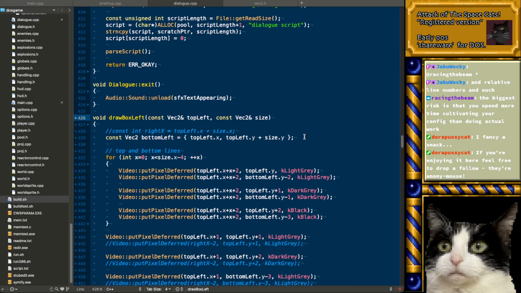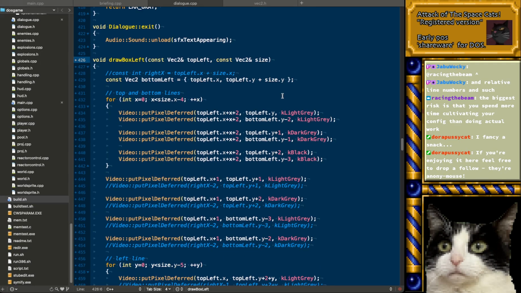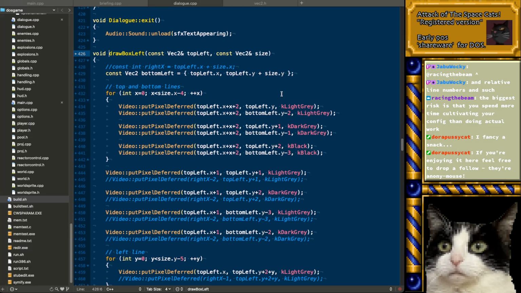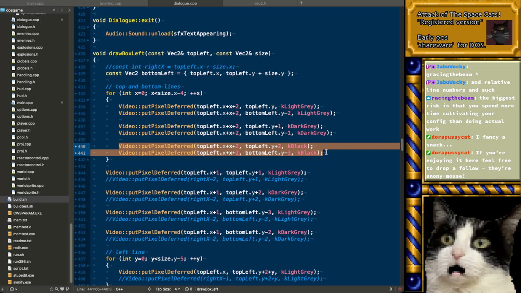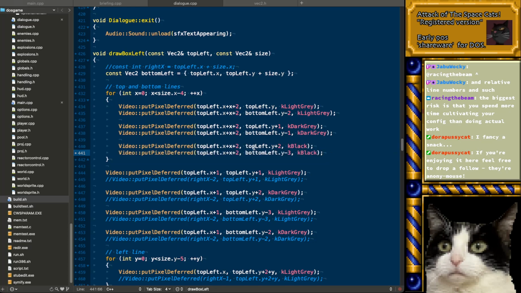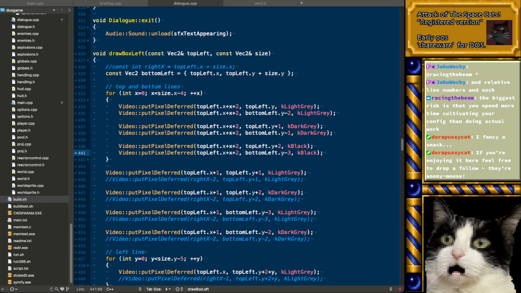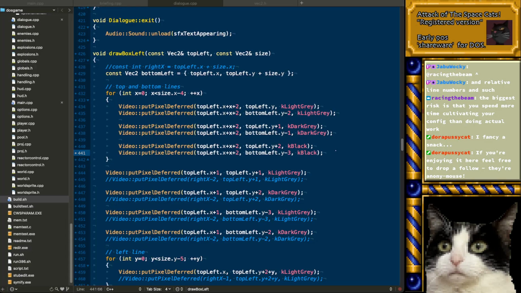Left. Oh yeah, there we go, there's the black lines. Okay. So let me just check a sprite again, which I've now lost. There it is.